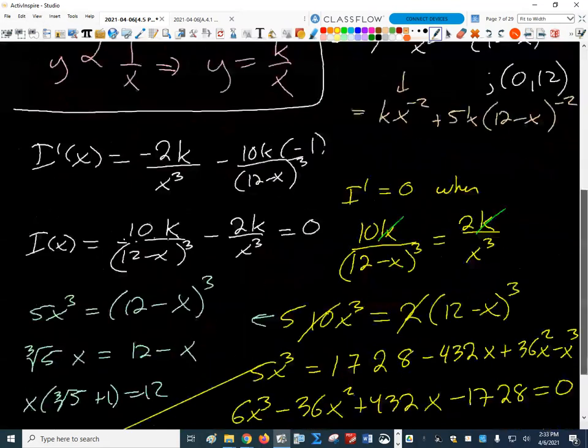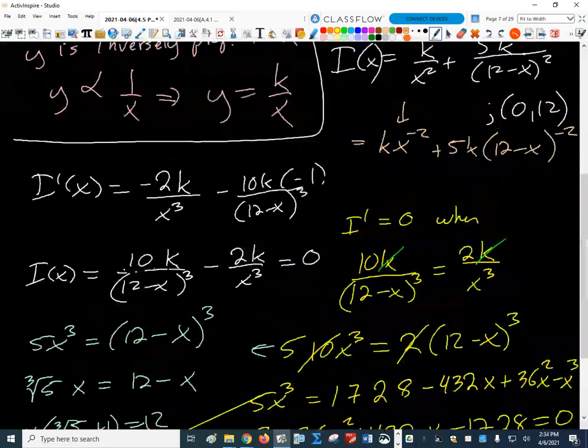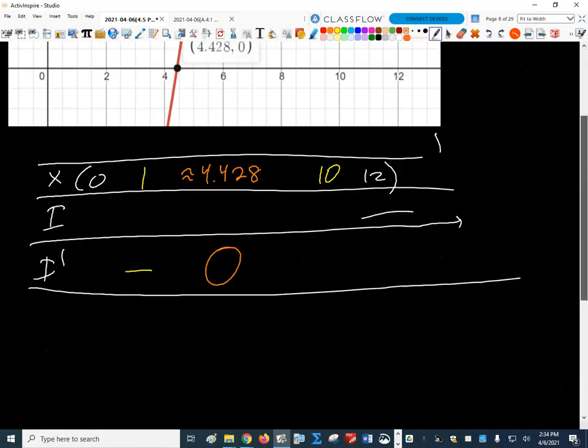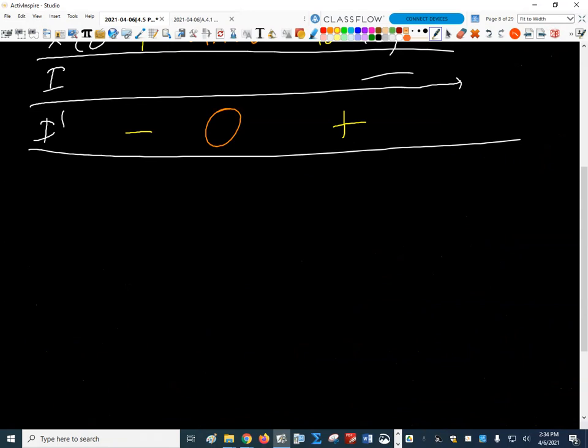If I plug 10 into my derivative function, I'm getting negative 2k over 10 cubed, which is 1,000, so a really tiny decimal times k. Minus a negative is plus 10k over 12 minus 10, which is 2 cubed, only 8. 10 over 8 is bigger, so I get a big positive term and a very tiny negative term, which gives me positive. So what's that telling me?